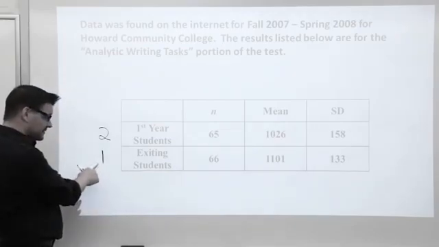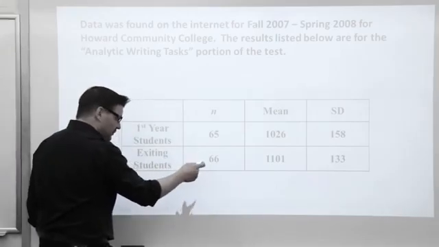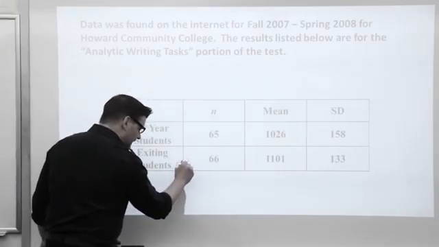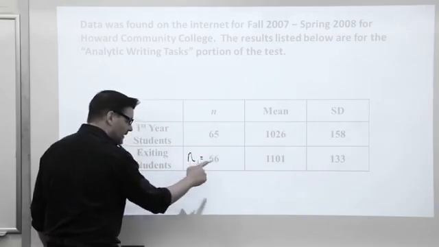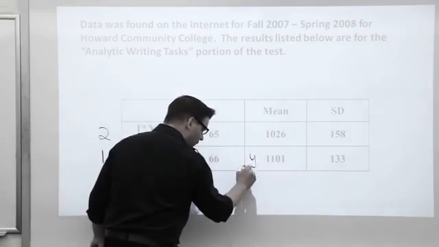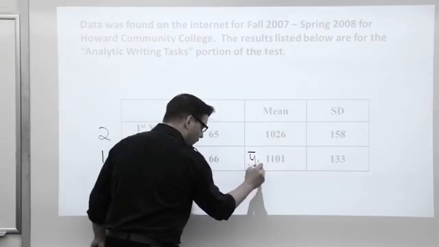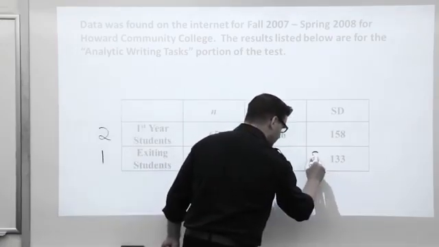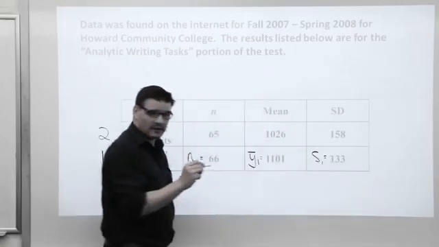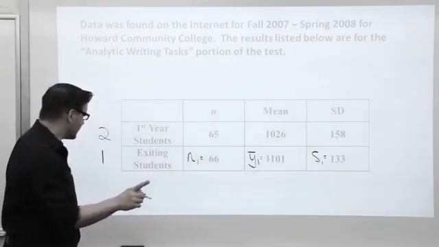So I'm going to call this my first sample. Put the symbols in. We're brand new at this. This 66 would then be my n1, sample size 1. This 1101 would be my y bar 1, my first sample mean. And this 133 would be my s1, my standard deviation from sample 1.